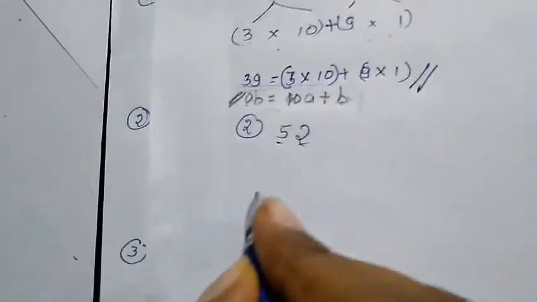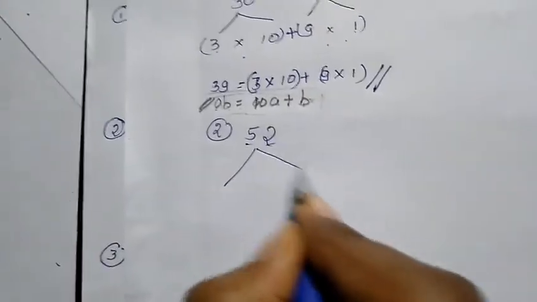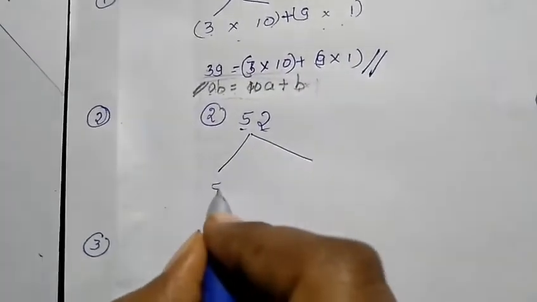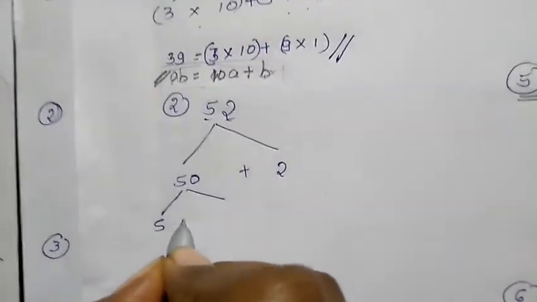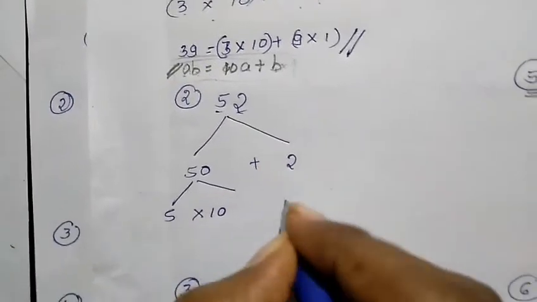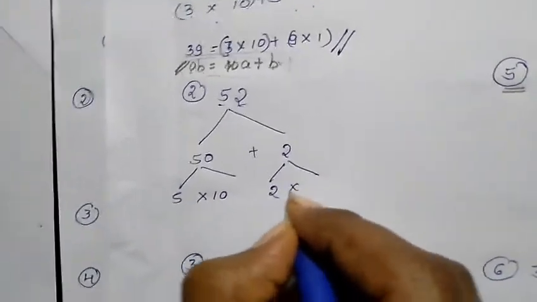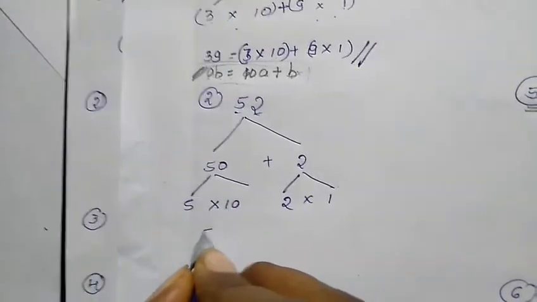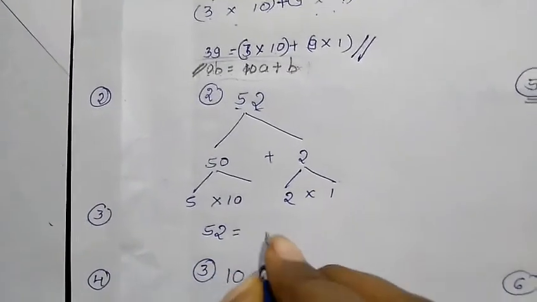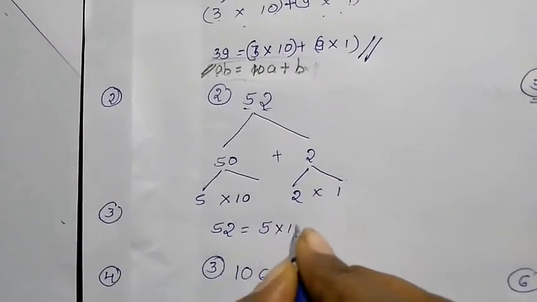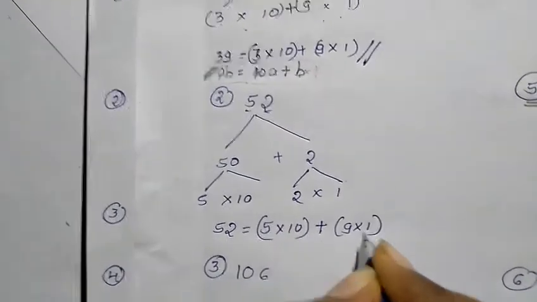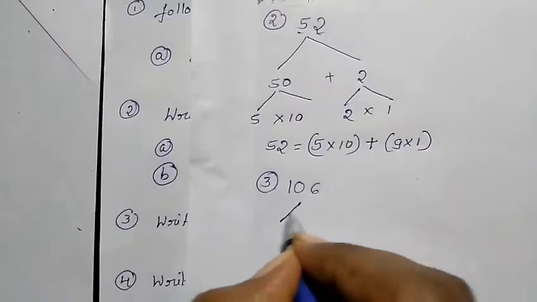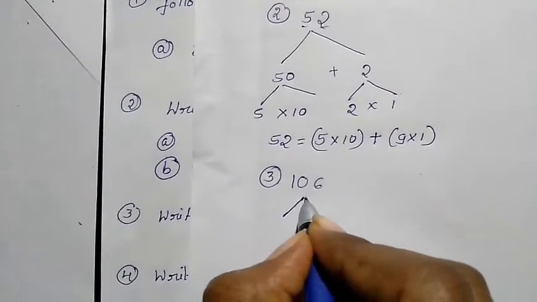So again a 2-digit number. Just split this one as 50 plus 2. Then again split 5 into 10, 5 tens, and 2 into 1. So the generalized form for 52 is 5 into 10 plus 2 into 1. Then the third one, 106.